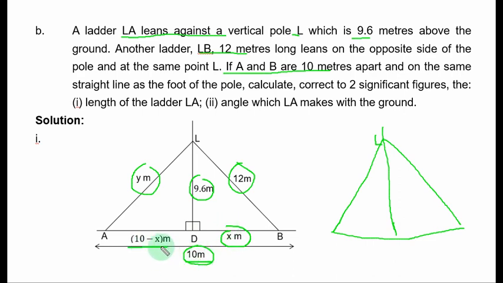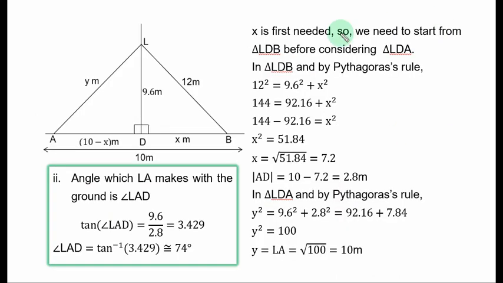In this form, it gives LD. So using LD along with 9.6, you can easily get the length of ladder LA before the angle the ladder makes with the ground. From the information, S is first needed, and you have to start by considering triangle LDB.